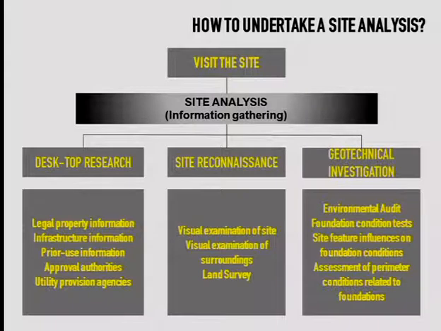Because you might have found out some previous use. It was a photographic laboratory. Well, maybe there's contamination here. So you'd engage in an environmental audit, then you need to know about the ground conditions itself, and you need to know about the perimeter condition of the site as well. Okay, but everything that's related below the ground.